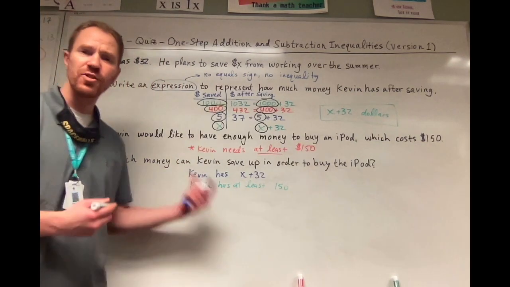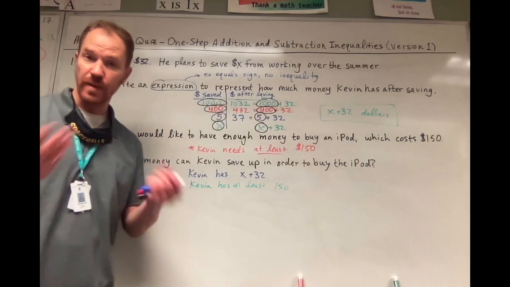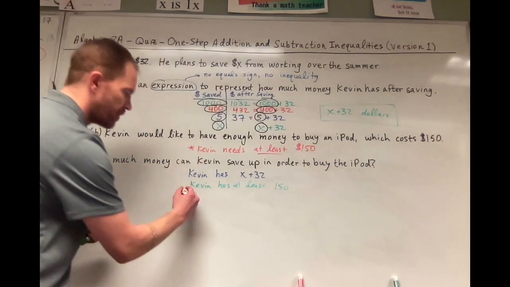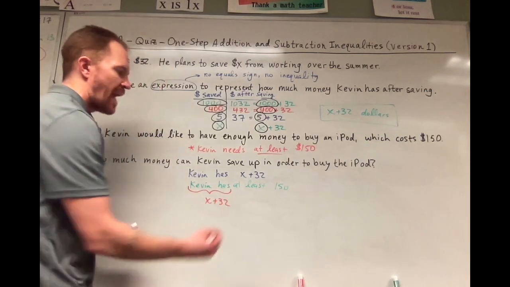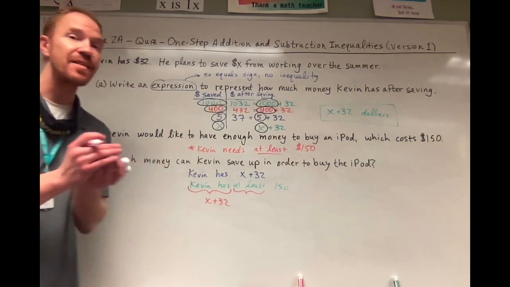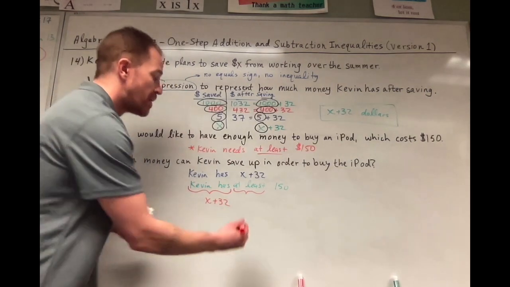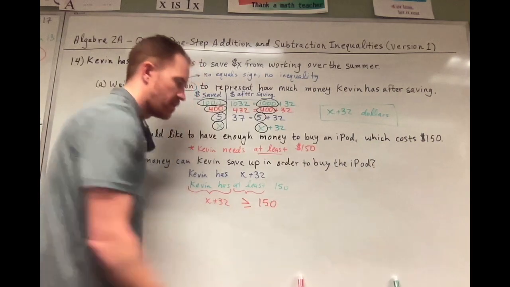Okay, so now I'm going to use my expression, and I'm going to translate this into an algebraic inequality. So what I have is X plus 32. At least, this is one of those phrases to practice, at least 150 means 150 or more. So that is greater than or equal to 150.